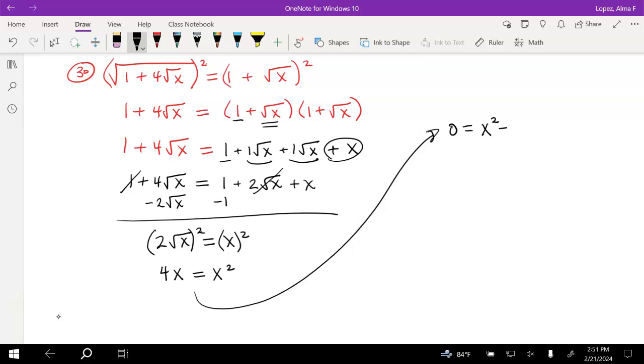The 4x becomes negative 4x. And now I can either factor it or use the quadratic formula. So I'm going to factor an x out, and I'm going to end up with an x minus 4 as our second factor. When I set each factor equal to 0, I'm going to get answers of 0 and 4.